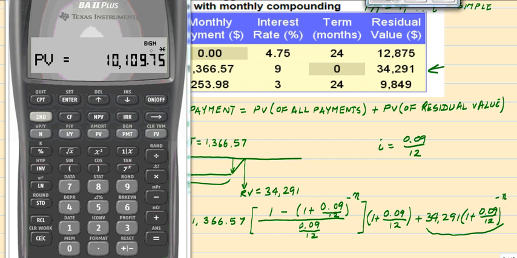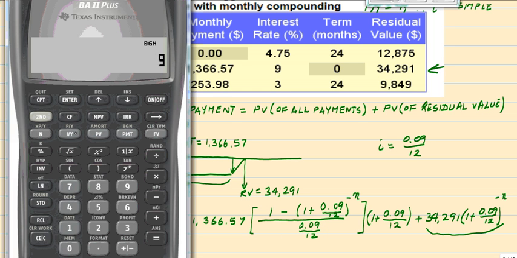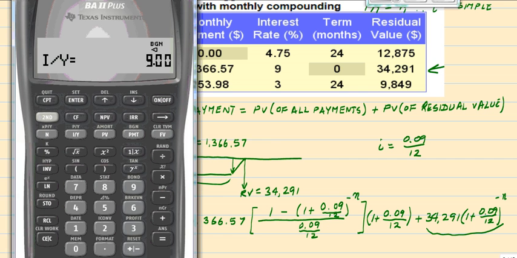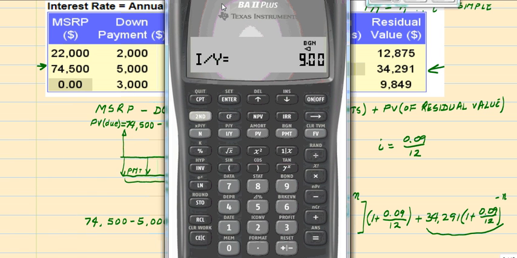Again, we have to make sure that it's BGN, so we have BGN from before. Second function, clear TVM, and n is unknown, so we're going to put 0 for n, 9 for I over Y. Present value is going to be 74,500 minus 5,000 down payment, equal, and that's the present value.